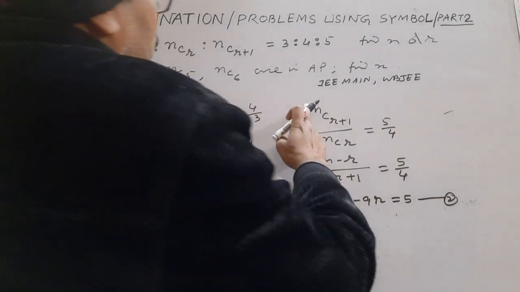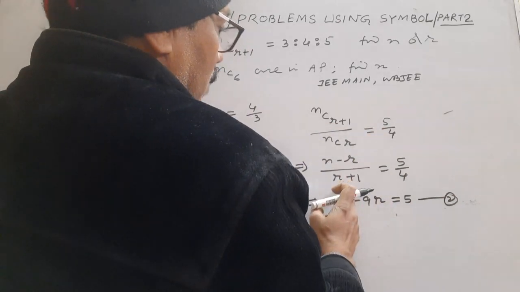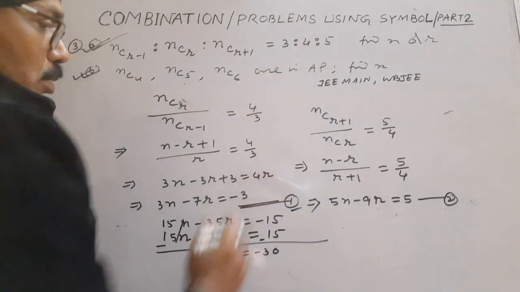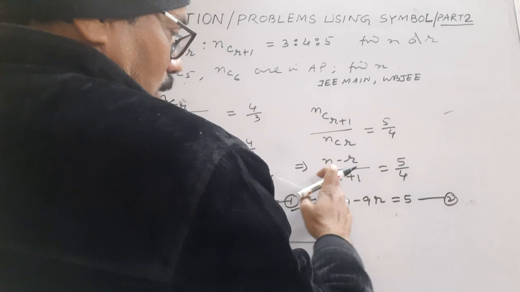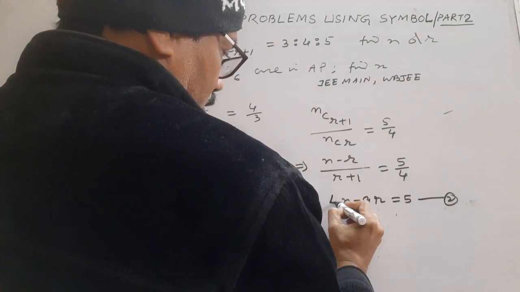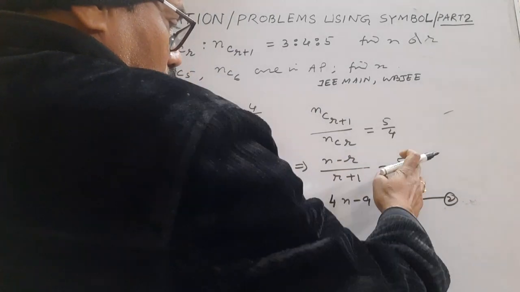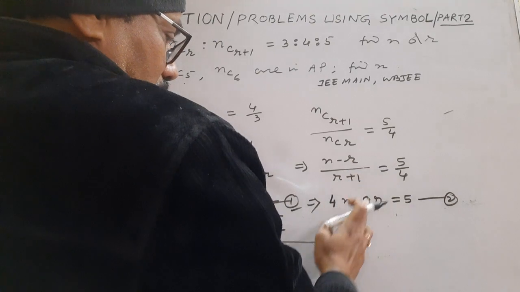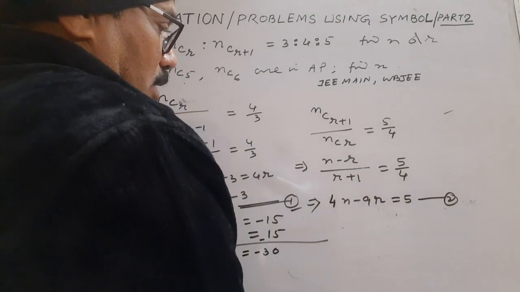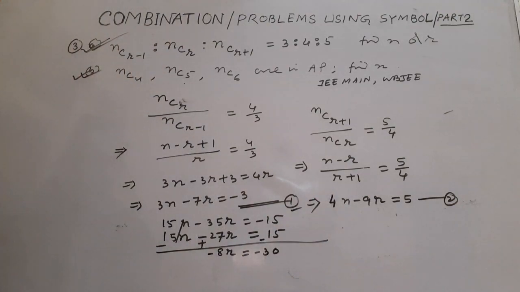Next, nCr plus 1 by nCr. So n minus r by lower suffix r plus 1. So 5 by 4. So 4n minus 4r, sorry, this is 4n minus 4r and minus 5r. So 4n minus 9r equals 5.